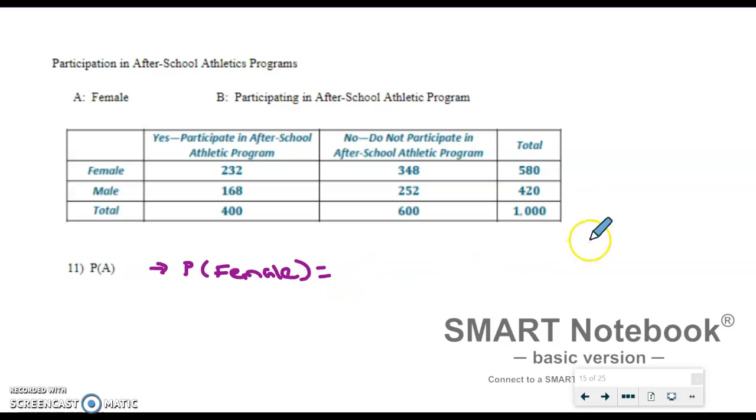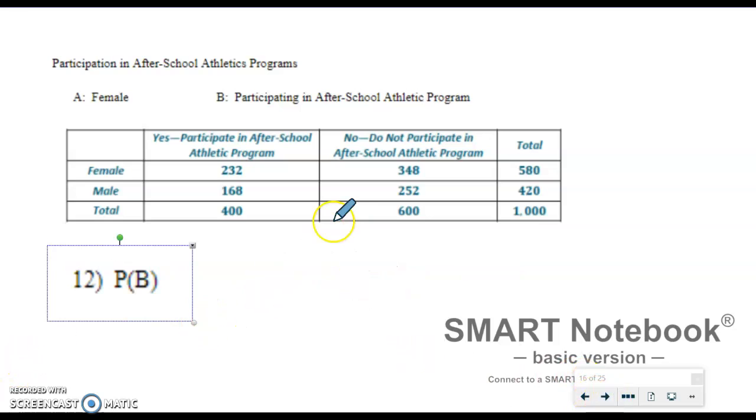So how many females do we have overall? Looks like we have 580 females overall. So the probability of female is 580 over 1,000, which is the same thing as 58%. Okay, so the probability that it's female is 58%.